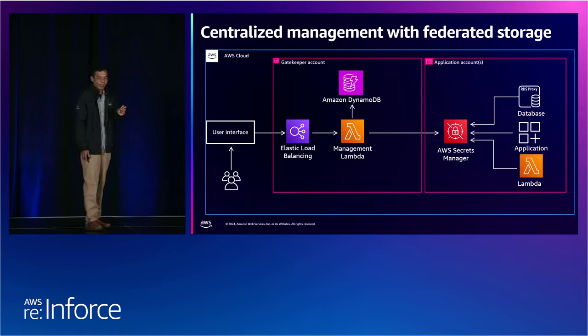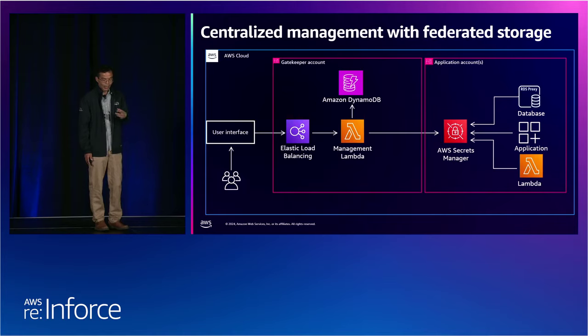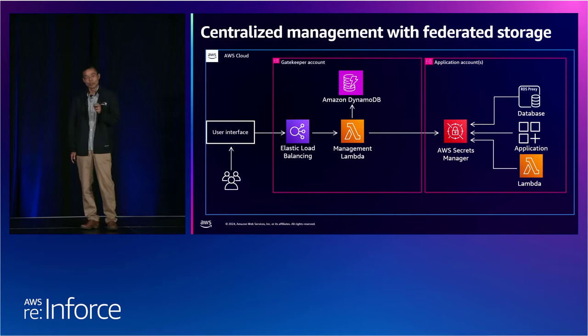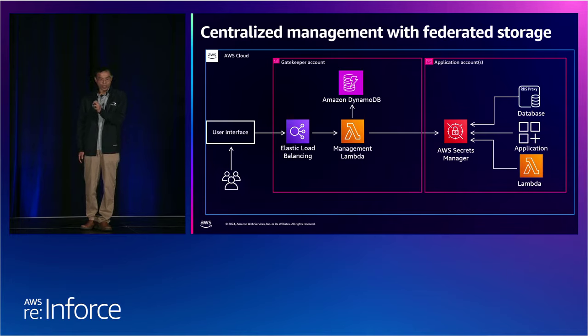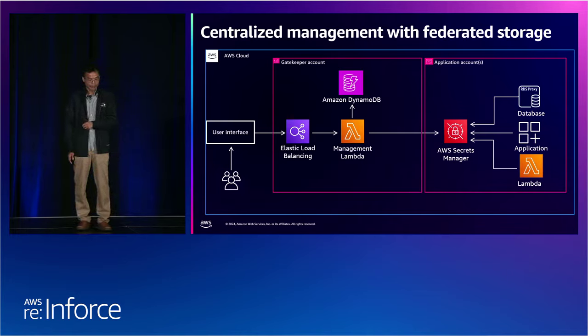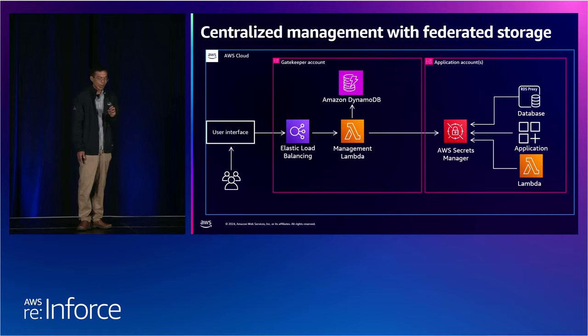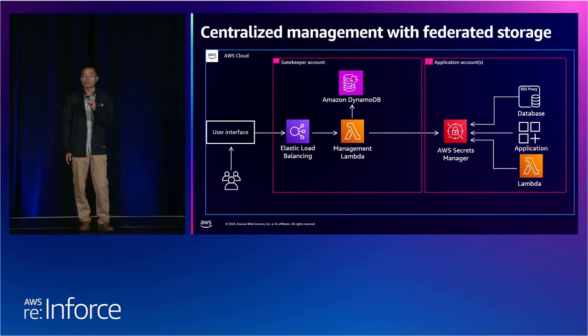And this set of gatekeeper APIs consists of a few components. First, it has a set of management Lambdas that are going to assume a role in any application account and do any secret creation or operation in the target account. Then we have a second component, based on Amazon DynamoDB, that keeps all the metadata about the secret.